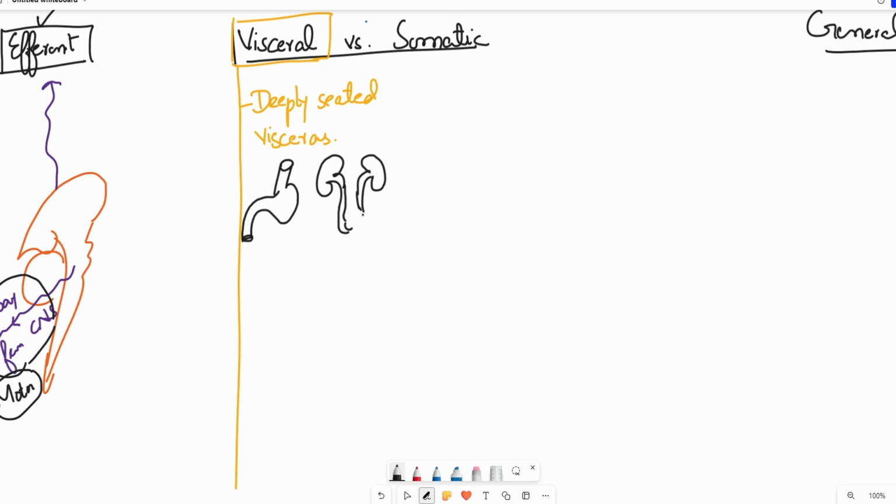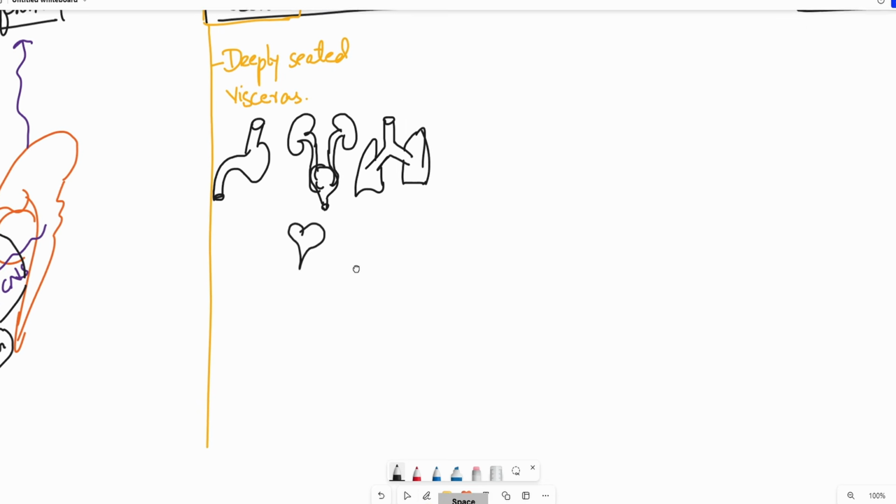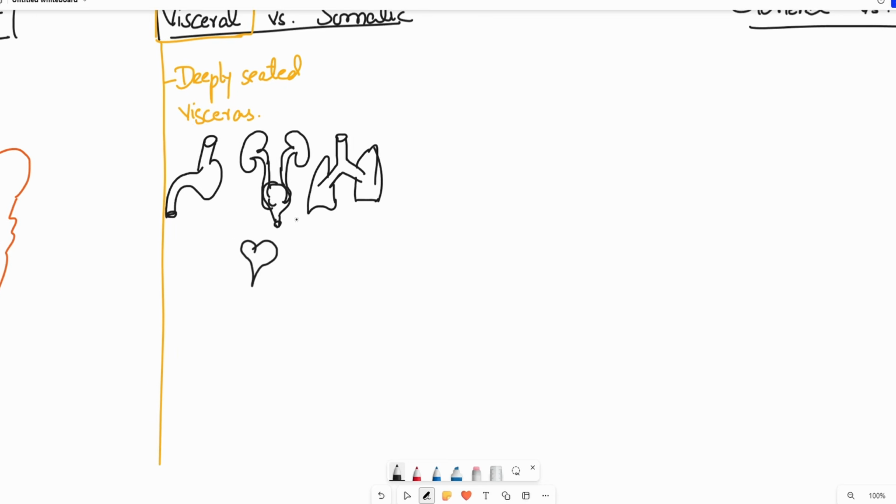And they are also involved in innervating our respiratory system, and finally they are also involved in innervating our cardiovascular system. Much simplified diagram here of our heart. It is not anatomically correct, but it's just symbolic to make you remember that it is involved. Visceral nerve fibers are involved in innervating the deeply seated viscera.